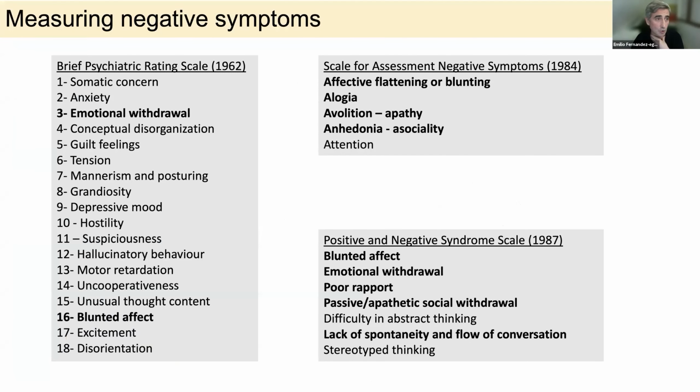We had some difficulties measuring this concept of negative symptoms for a number of years. Initially, we were using the BPRS, but as you can see, it only contains emotional symptoms. And from the 80s, there has been the creation of new scales: the SANS, for instance, with these five symptoms, but really 4 that we now consider negative symptoms, or the PANSS, and especially the negative syndrome subscale that contains a mix of what we now consider negative symptoms and cognitive symptoms.